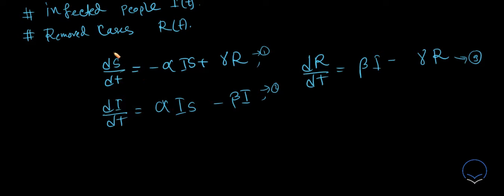That means if someone wants to solve ds by dt and solve for s, one also needs to find the solution for I and r. So I and r are also expressed via two differential equations, and these are also related with s. So each of these variables, s, I, r, are coupled with each other.